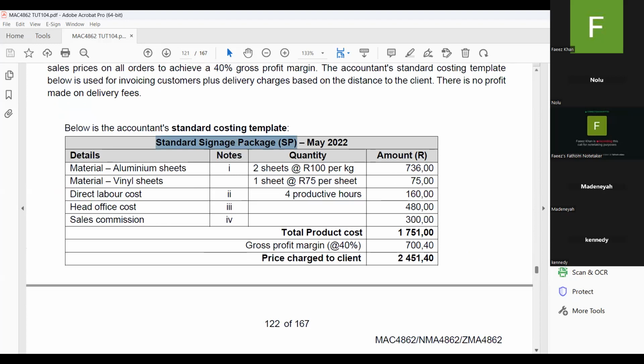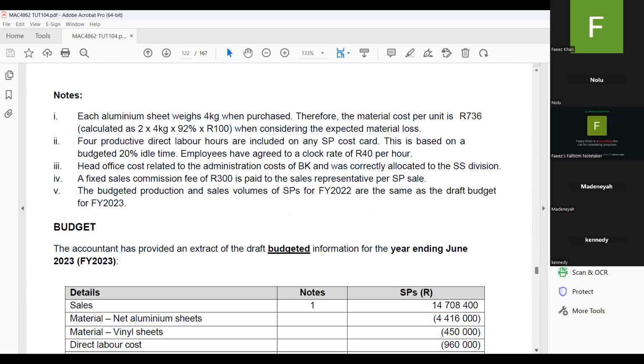Okay, this one over here, the budget. The accountant has provided an extract of the draft budget information for the year ending June 2023. Okay, so what we needed to know, the budgeted information was based on a year, where the cost card above was based on a month.